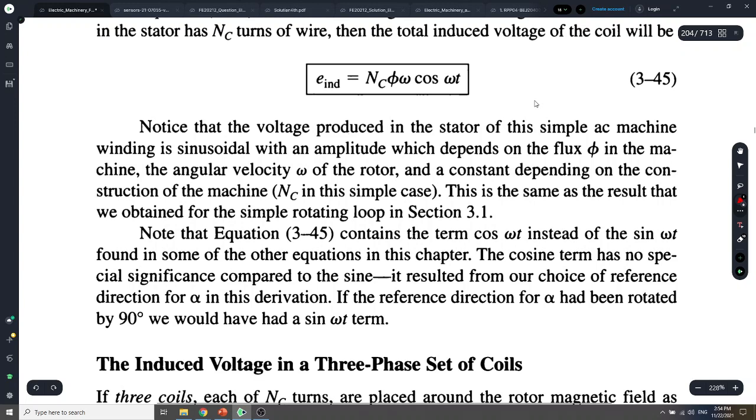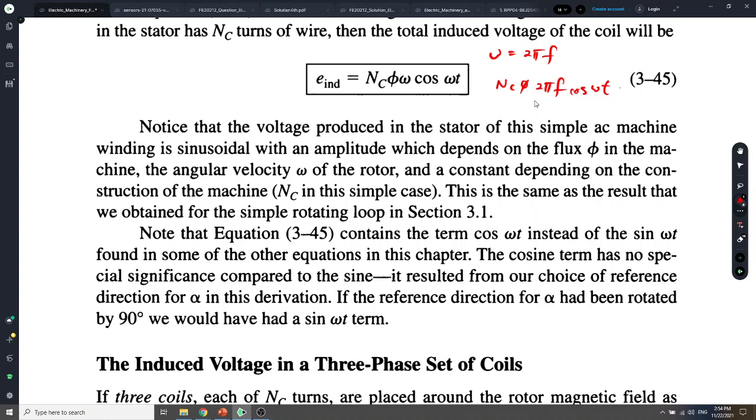So omega is equal to 2 pi f. So gantikanlah NC phi 2 pi f cos omega t. And then this is the E induced.